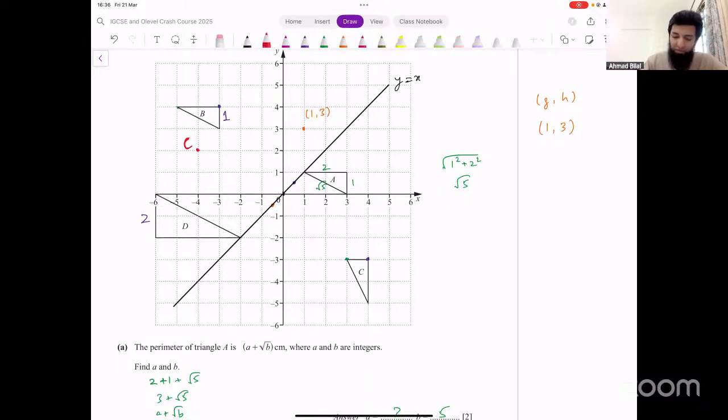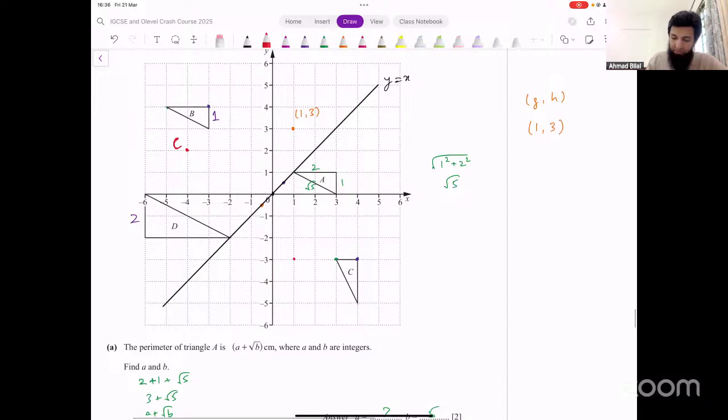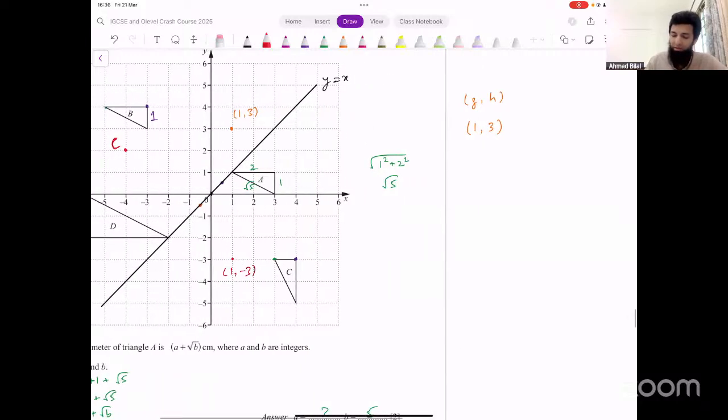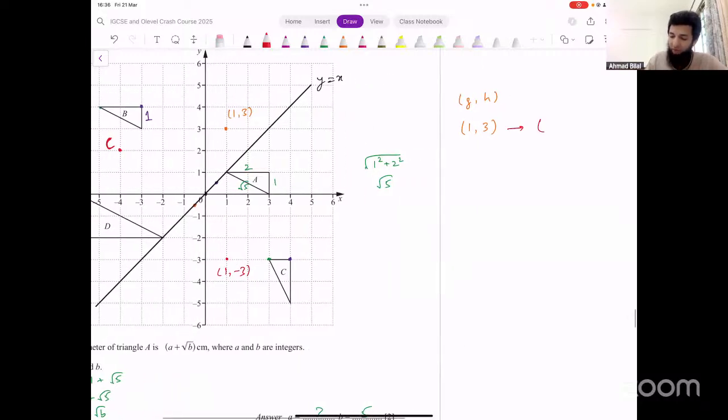Where is this going to go? This goes right here. This goes to 1 and minus 3. So 1 and minus 3, what does that mean? G remains the same and H becomes minus H. That's after the first transformation, V, is applied.